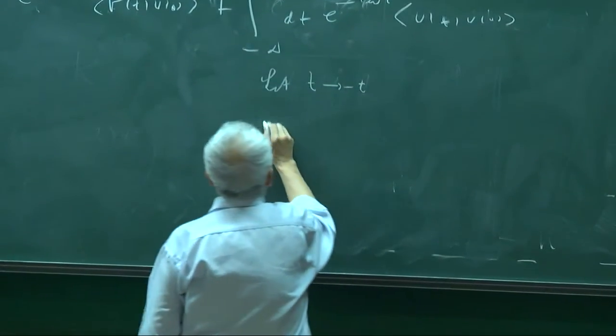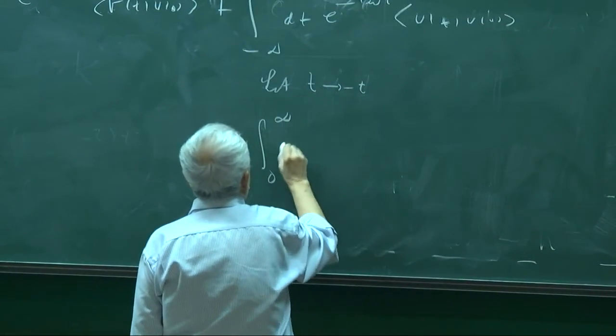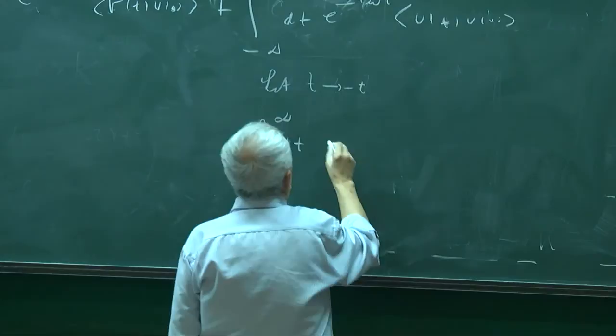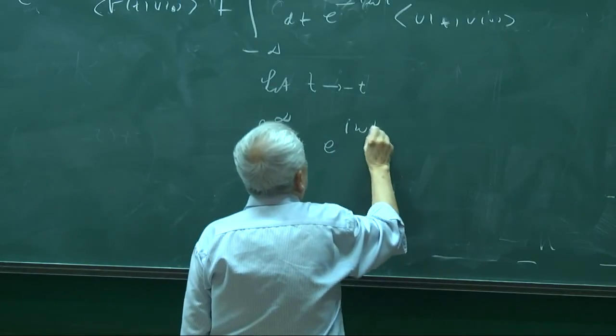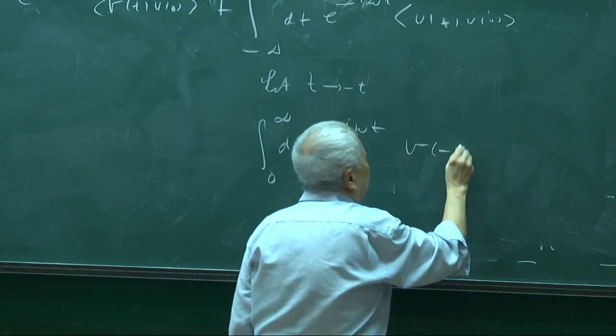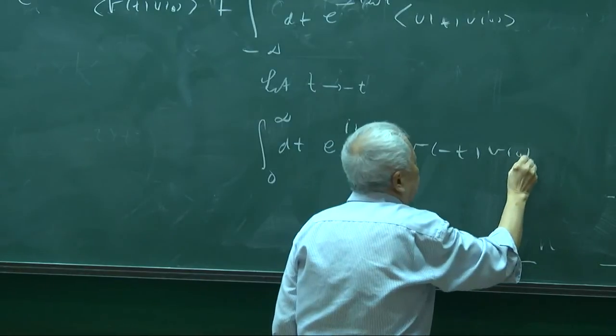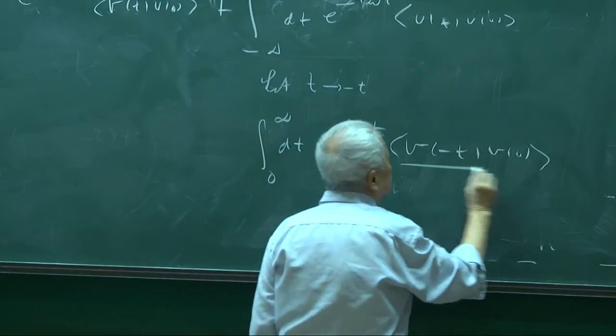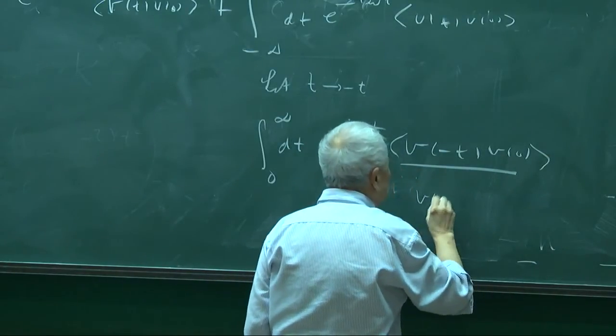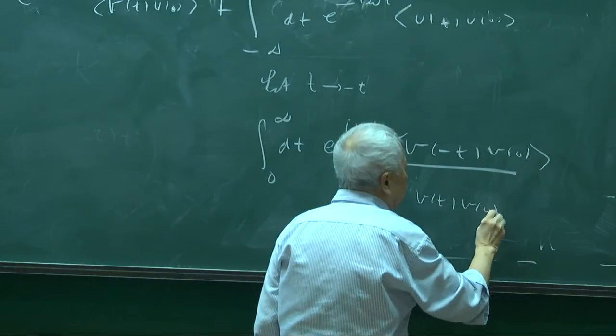So then this term becomes the integral from 0 to infinity dt e to the I omega t of v of minus t v of 0. And then you say that this, of course, is equal to v of t v of 0 because of time reversal invariance.